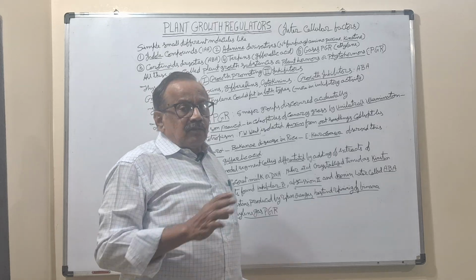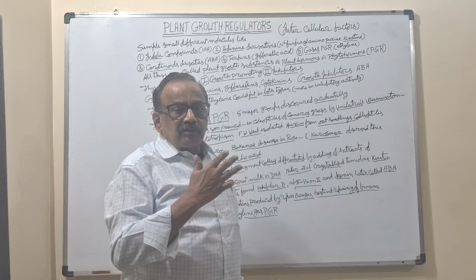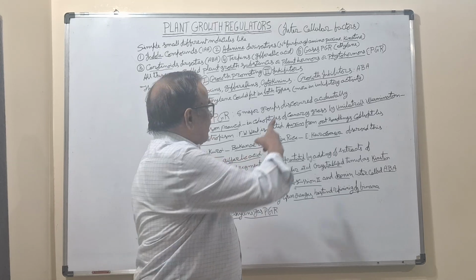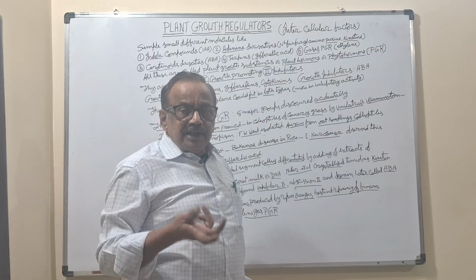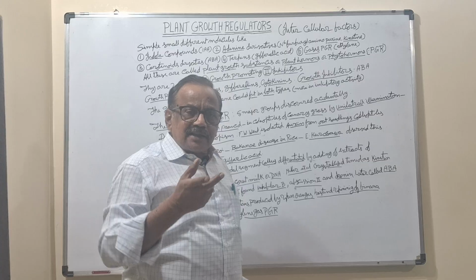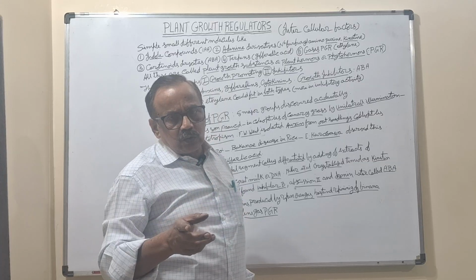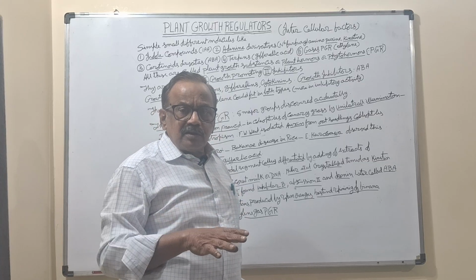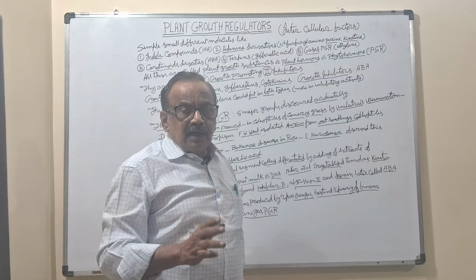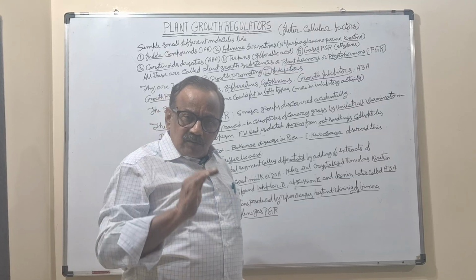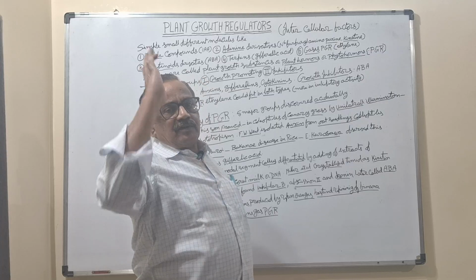Now 4 are over: 3 are promoting, 1 is the growth inhibitor. One more will come in between, which works as both positive and negative. Means it will promote and it will inhibit. Both things it will do, and that phytohormone is in the gaseous form.